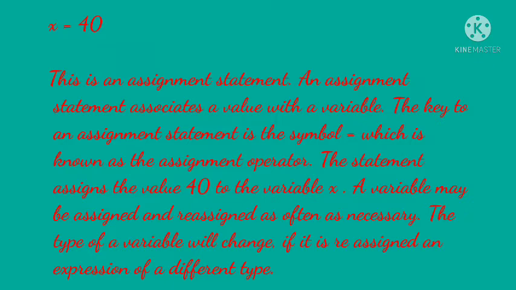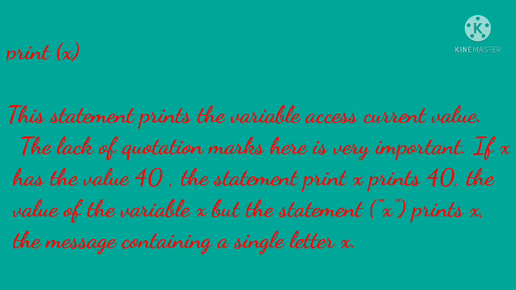We can change the assigned value by reassigning it, and the data type of the variable will also change according to the reassignment. The print x statement prints or displays the current value of the variable x.